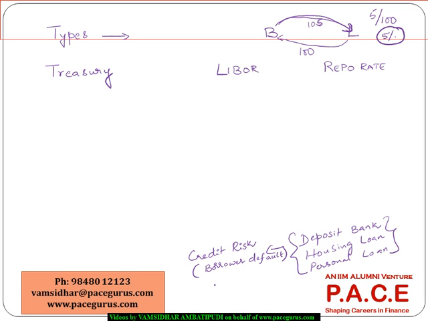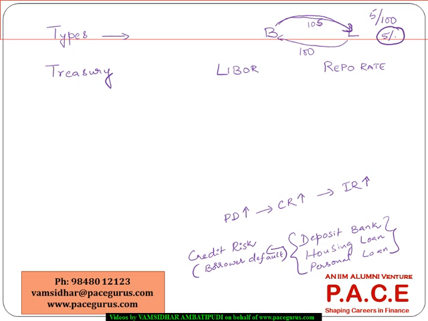If the possibility of default is higher, then the credit risk is higher, and in that case the interest rate will be much higher, because the lender is taking a higher risk by lending the money, and there is a good chance that he will not get his money back.